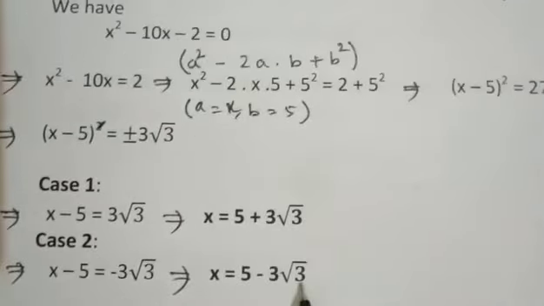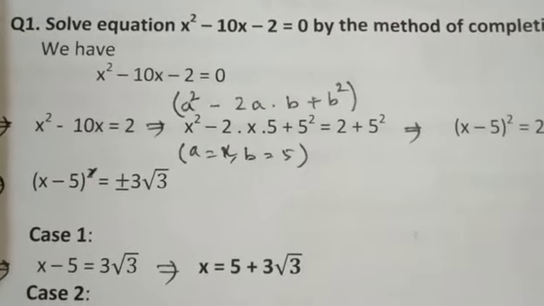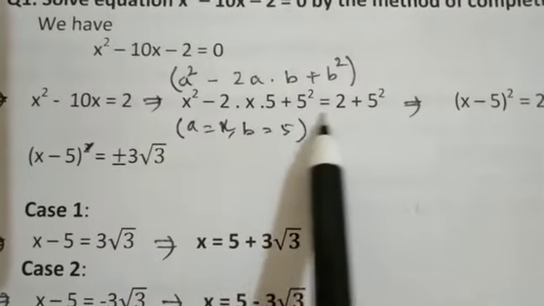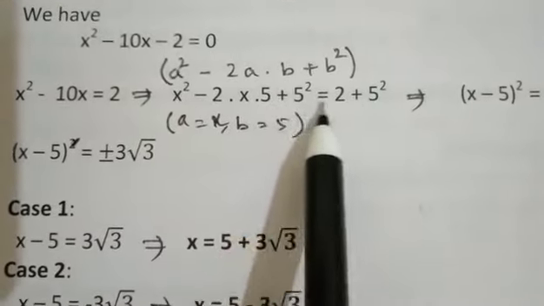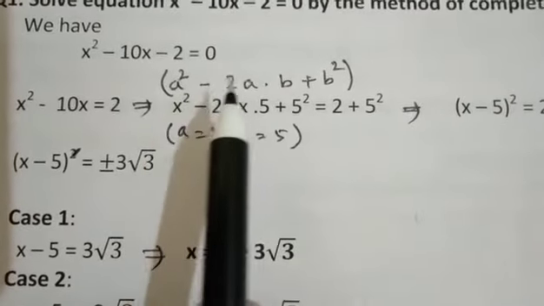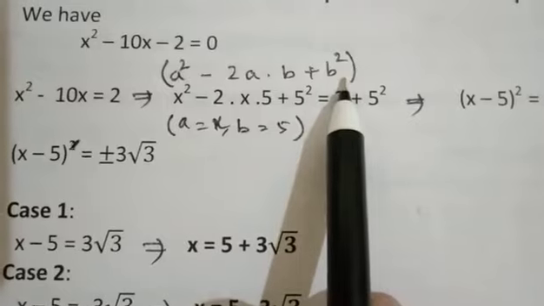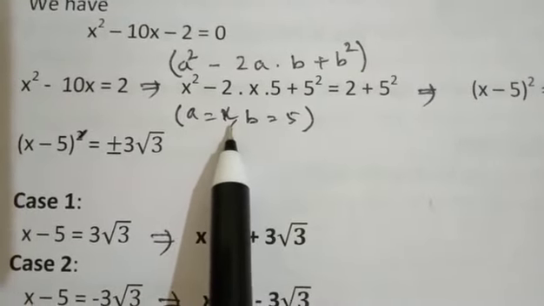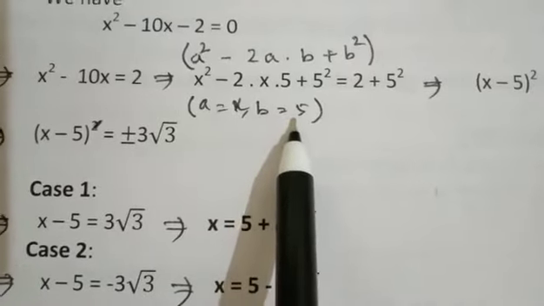So this is the first example of completing the square, and the most important step is this step. I have to make the LHS in the format of a square minus 2ab plus b square, and on the basis of that a is x and b is 5.